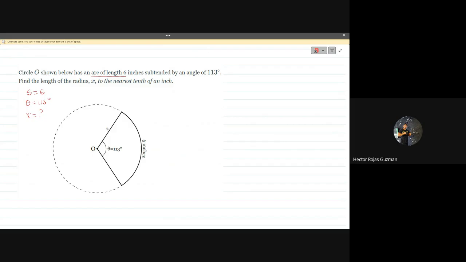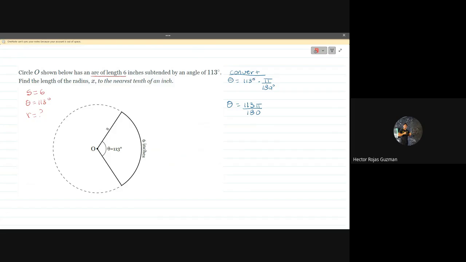Okay. So just like in the previous problem, I'm given an angle in degrees. I'm going to convert it to a radian angle. So theta equals 113 degrees times pi over 180. That's always the conversion when you're going to radians. So theta equals 113 pi divided by 180.